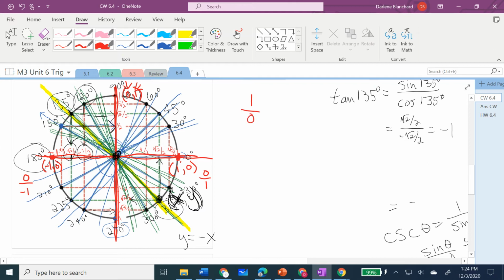If you take something that isn't 0 and divide it by 0, you're getting undefined. And so tangent is undefined at 90 degrees. And where else? Yep, error message. Where else is tangent undefined? 270.